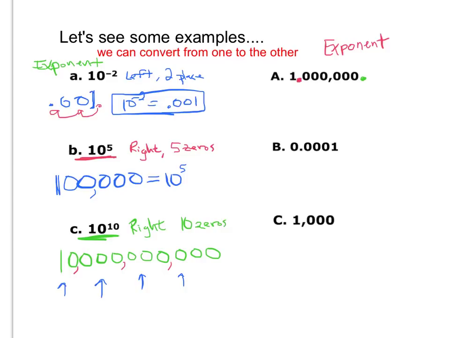We always have the imaginary decimal at the very end, if we don't have one. It took me 1, 2, 3, 4, 5, 6 decimal places to get there. So I can say this is 10 to the power of 6, because it would have taken me 6 places to get to that number.